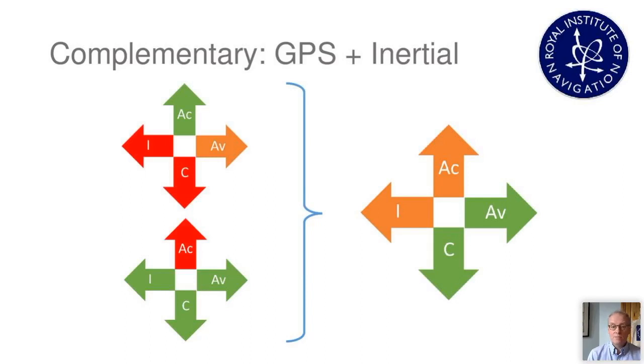But inertial systems continuously work, typically. Their integrity is normally good, and continuity and availability also good. And you can see that if you add the strengths and weaknesses of these two modules together, you get a better performance overall, typically, than you would from one of the systems in isolation.